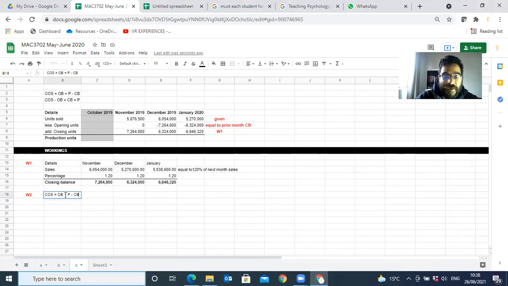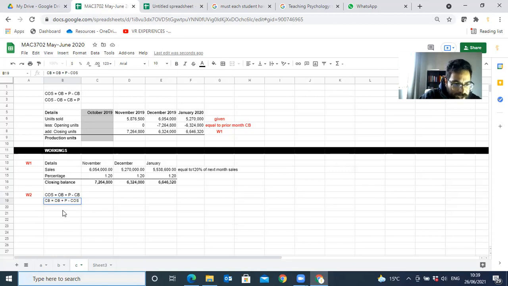So I want closing balance. If I take closing balance to the other side of the equation, closing balance equals opening balance plus purchases minus cost of sales. Okay, so I'm just using that formula.